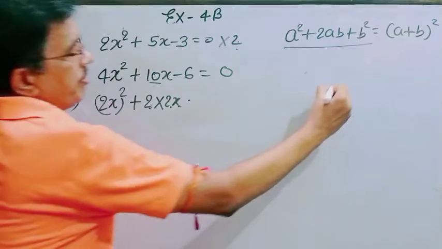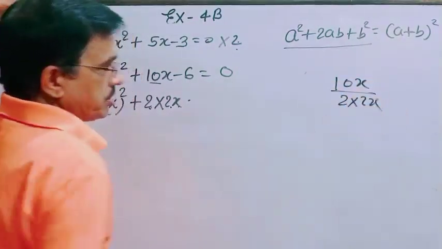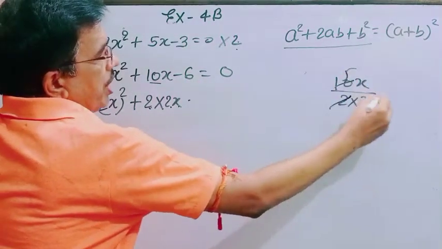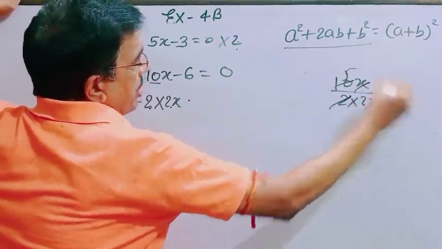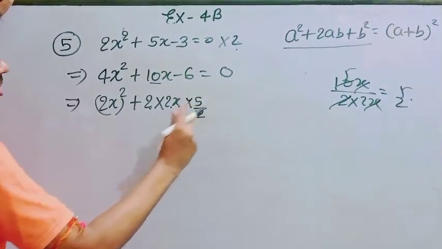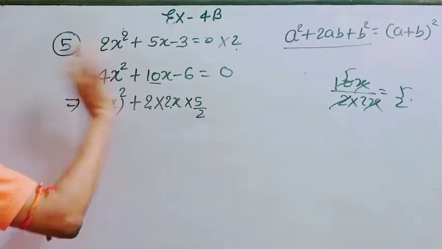If you have any problem, divide this 10x by 2 into 2x. What do you get? 2, 5 and x cancel, so that is 5 by 2. Then it is clear, when you multiply 5 by 2, then you get 10, because the 2 cancels, then 5 to the 10x.